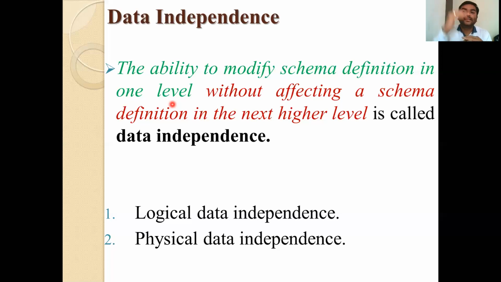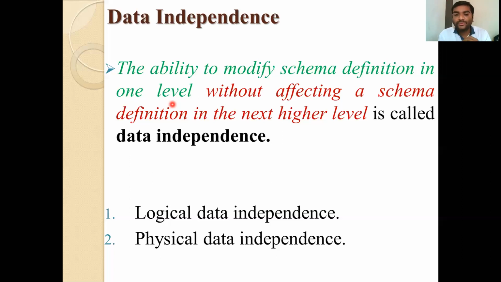The next higher level is the view level. So when any changes are made at the logical level, it does not affect the view level. It means the user can access that web portal or application without any effect from the database changes. Such a concept is called data independence.